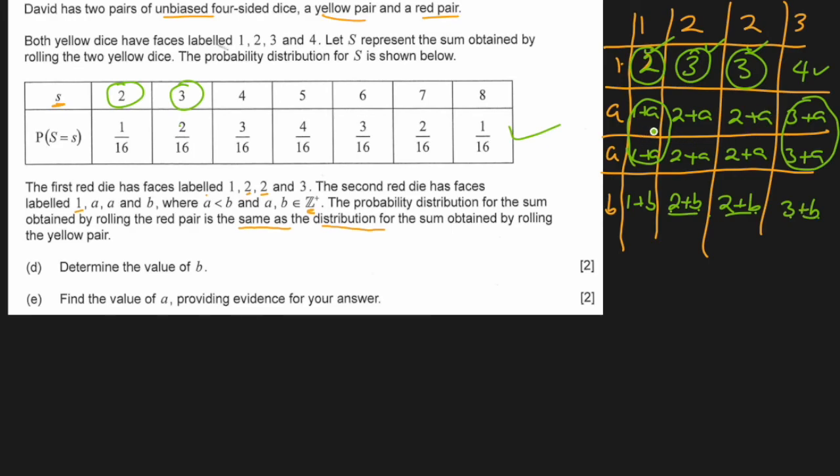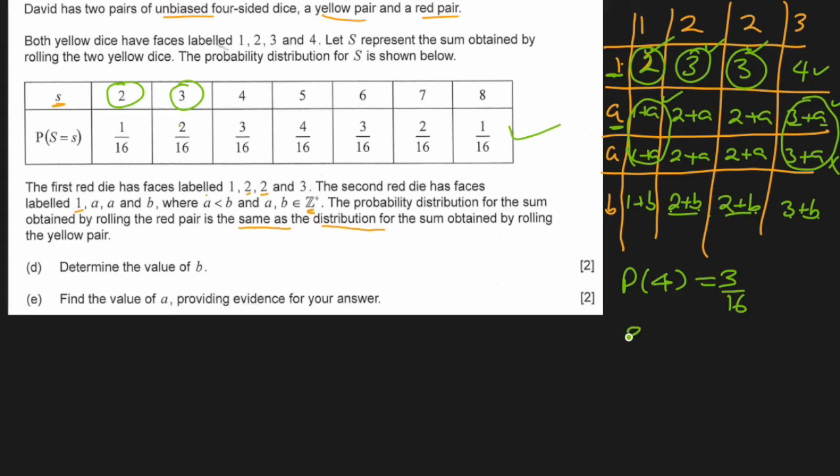So either it will be this or this which gives us 4. 3 plus 1 is 4, which would mean A is 1, which is not possible. They have already separated 1 and A, so this also cannot be there.